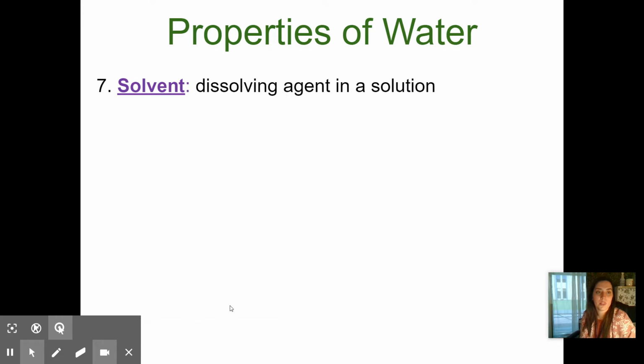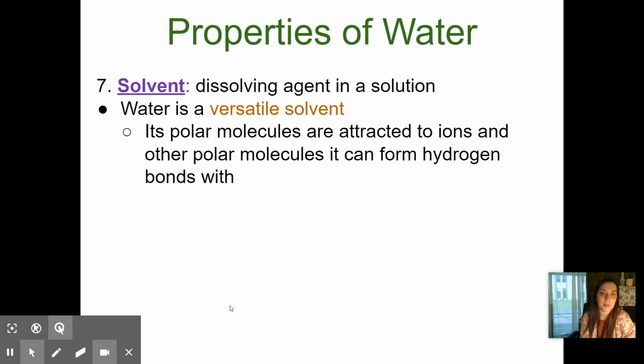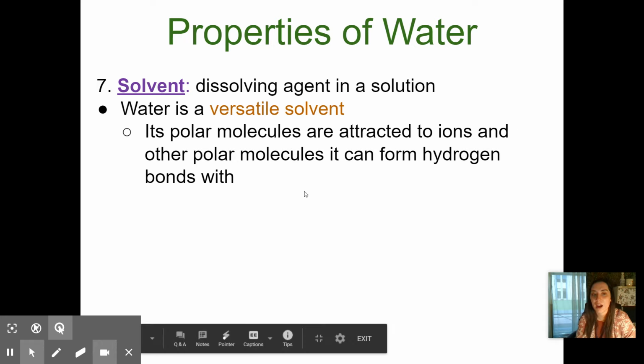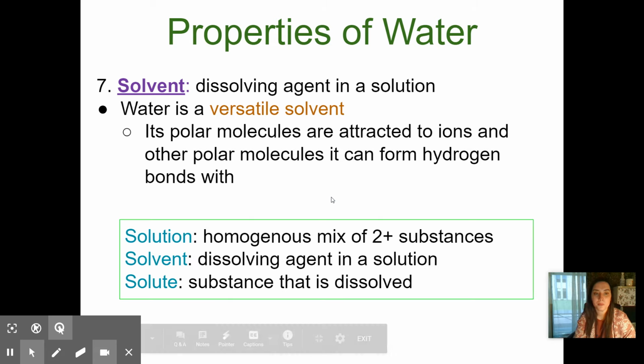All right, the last one that we'll talk about is the fact that water is a universal solvent, and a solvent is just a dissolving agent in a solution. Water is a versatile or universal solvent, and its polar molecules are attracted to ions and other polar molecules that it can form hydrogen bonds with. A solution is a homogeneous mix of two or more substances.